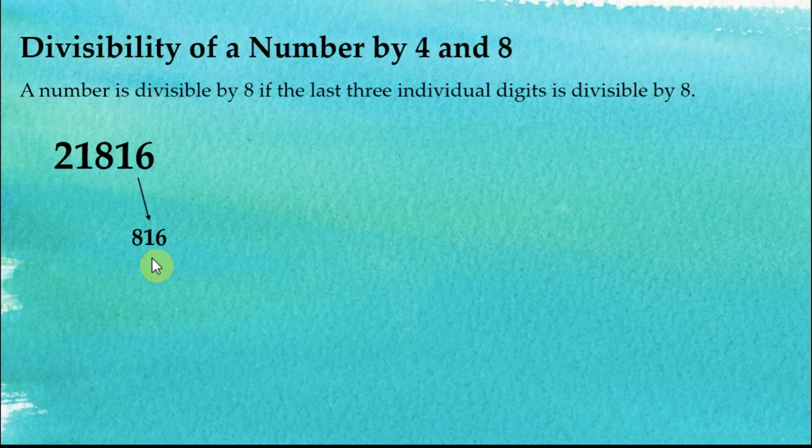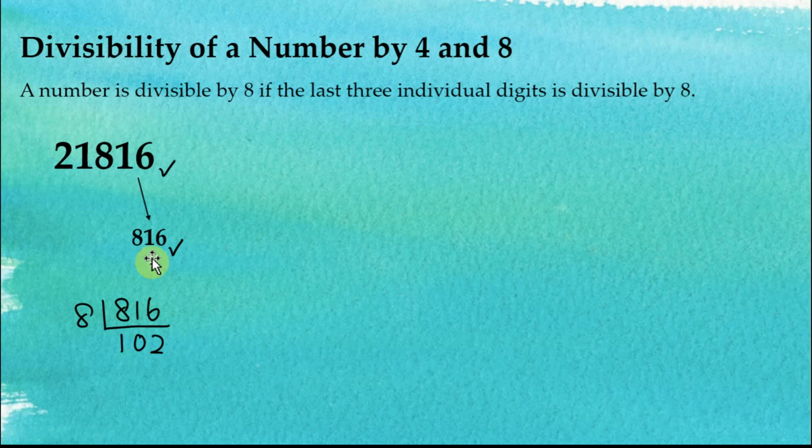Let's try to find out. 816 divided by 8: 8 goes into 8 once, then 0, then we have 16, and 8 goes into 16 twice. Yes, 816 is divisible by 8, and therefore 21,816 is divisible by 8.